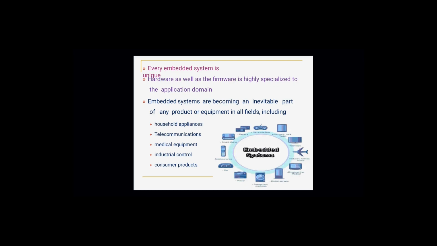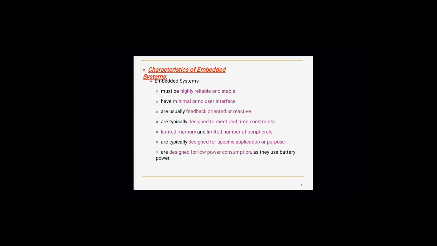All those industrial equipments which work automatically are basically embedded systems. Even consumer products. Most of the products which we were using manually, or very old electronic systems, have now been completely replaced with embedded systems.